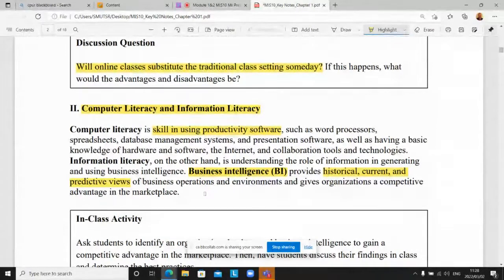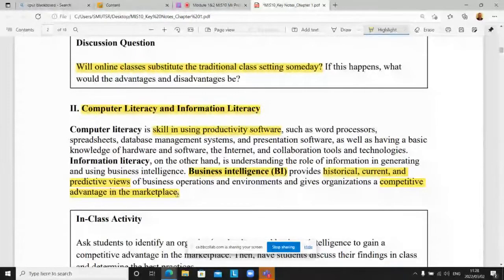And that will obviously give you, and I'm sure you're getting sick and tired of this, a competitive advantage in the marketplace. So we all use just about everything we are discussing today for competitive advantage. And we're going to look at the history of the company, the current things that are happening in the company, and predictive views.